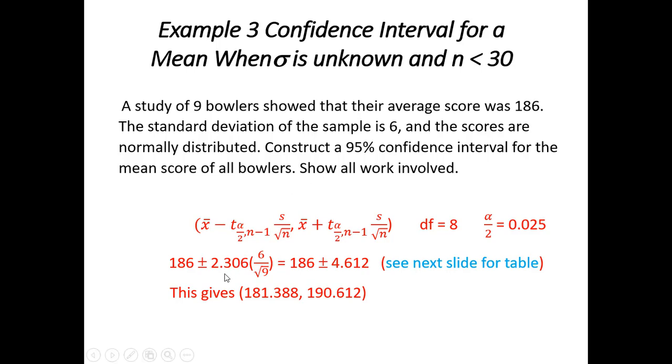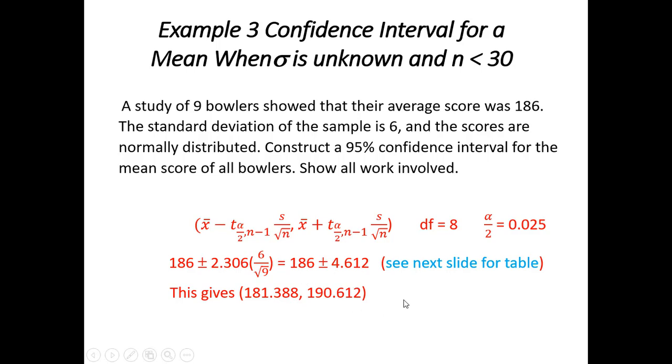So now we just have to work out the algebra. Again, it's best to simplify the error term first. So this reduces to 4.612. So I take 186 minus the error term. We get 181.388. And then 186 plus the error term.